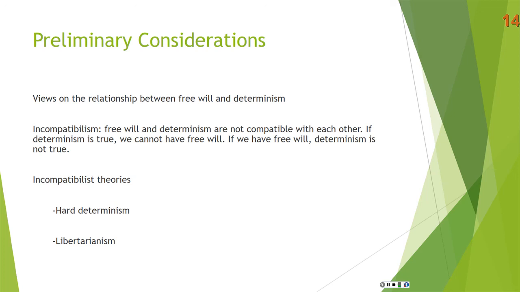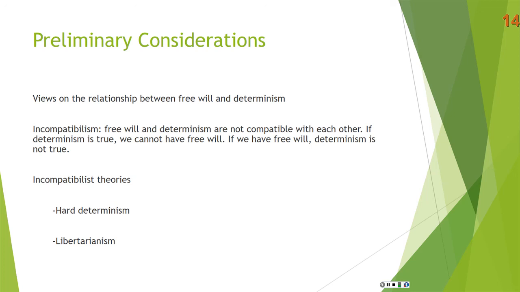Or at least we're free in some of our actions, and therefore those actions in which we're free are not determined. So hard determinists and libertarians, they're both incompatibilists, but they have different commitments when it comes to whether determinism is true or whether it's true that we have free will.